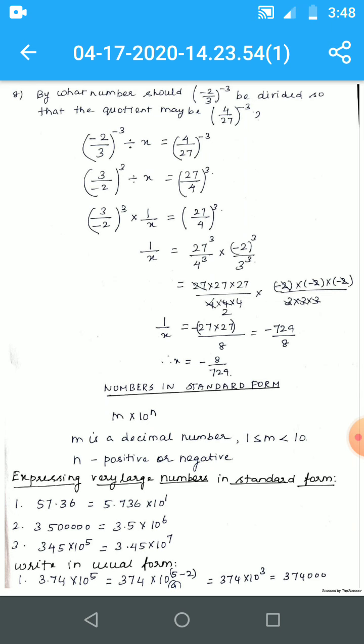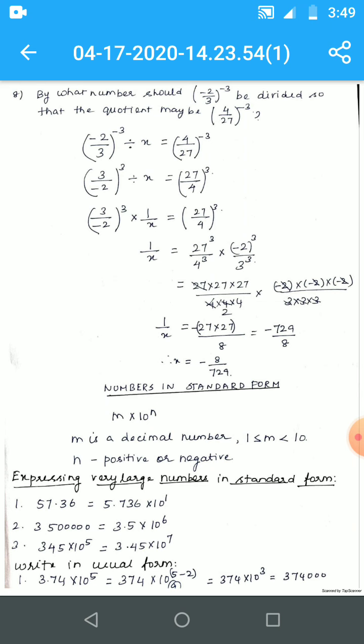If the number is given in standard form, it can be written in usual form. Write in usual form 3.74 into 10 to the power 5. 3.74 is given in decimal format. Bring to usual form. How many steps is the decimal moving? 1, 2.